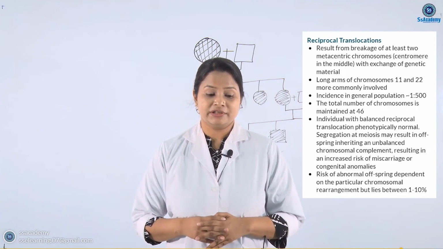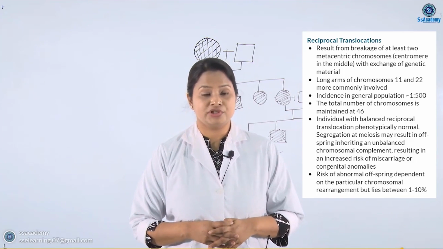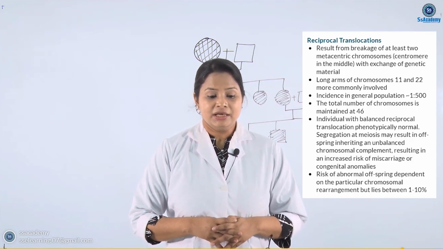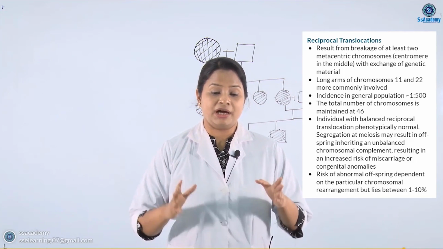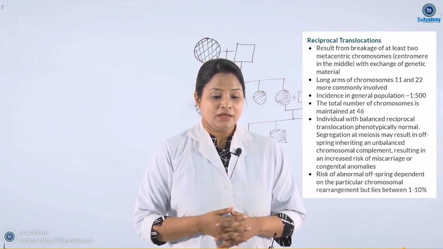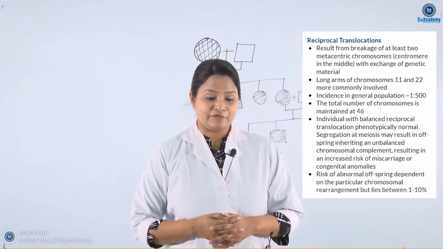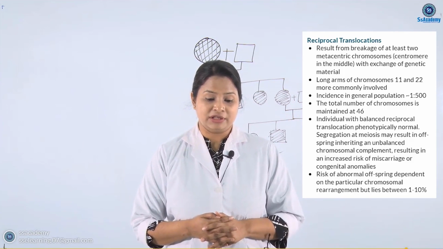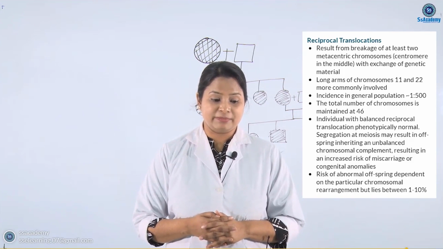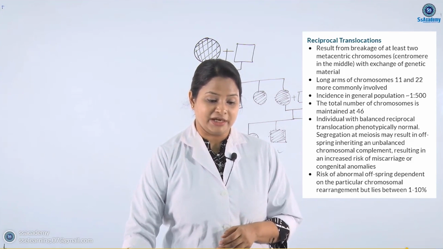Circle chromosome 11 and chromosome 22. Very important, right? Mark it with a red pen. The total number of chromosomes is maintained at 46. The risk of abnormal offspring depends on the particular chromosomal rearrangement, but lies between 1 and 10%.